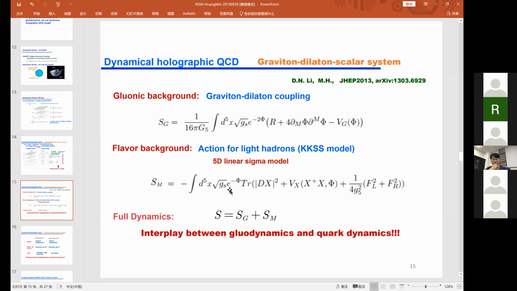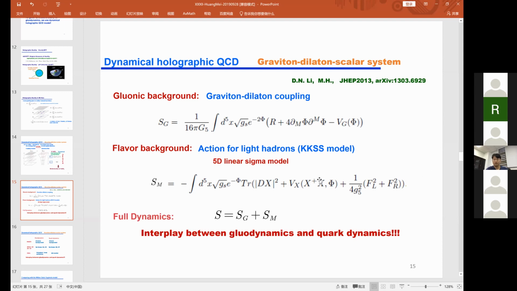For the soft wall model or hard wall model, they only take into account the matter field in the AdS5 background. This is basically this action, this is the matter field. So this is basically the soft wall model or hard wall model. But in our framework, we couple the matter field with the gluodynamics.